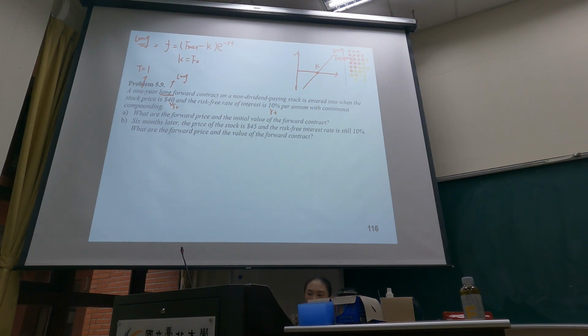K equals F0, which is S0 e to the rT. We have to compute K first from today's price. That's today's forward price, equal to the F0 today, basically. So that's why in the beginning, today, your forward value F equals 0.